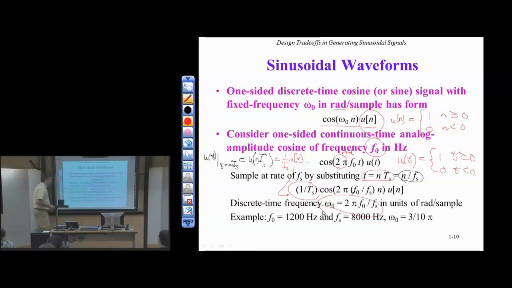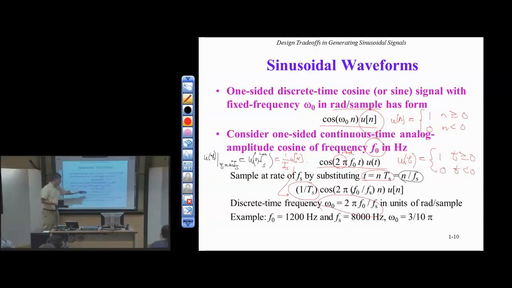It's not something to memorize, although if you use it enough, it may become internalized. That's fine. When I need it, I go back to the starting point, which is the continuous time one-sided cosine. And it's okay if you make it two-sided. We can even get rid of the step for the purpose of theory, and sample it.